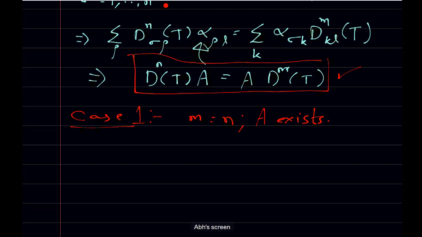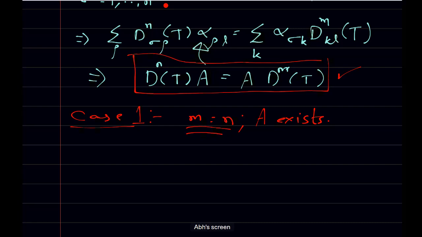Excuse me. In this case, how did you understand A is invertible? A is invertible because you are in the same dimension, right? If you're in the same dimension, you can always find the matrix A such that you can go from one representation to another, because the matrix A is closely related to change of basis.